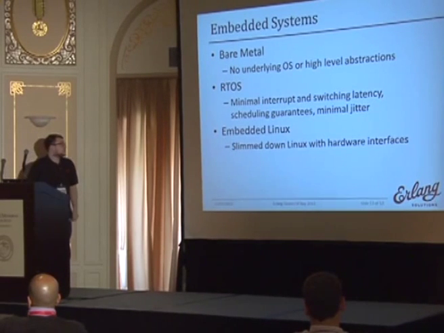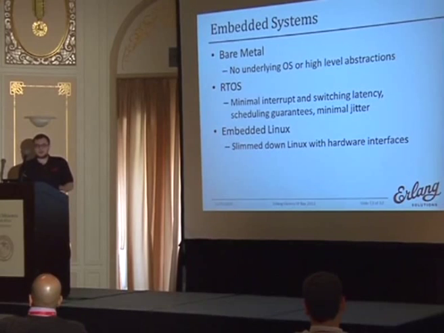The second common one, I think, is the RTOS, the real-time operating systems. This is a very minimal operating system that gives you certain primitives that you can build applications with. And there are some parallels between RTOS world and Erlang, which I'll mention in a minute.